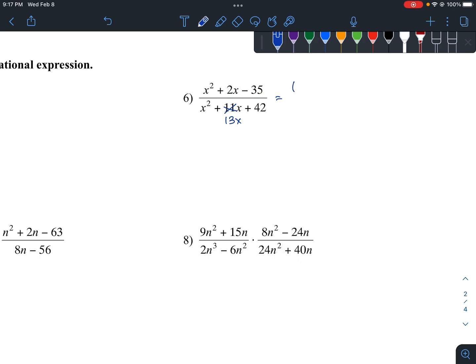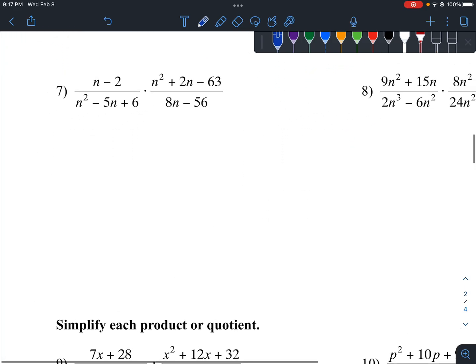So I think that's going to be x plus 7 and x minus 5. And then here I need two numbers that multiply to be 42 and add to be 13. So that should be x plus 7 and x plus 6. Okay, and because these are being multiplied, I can go ahead and cancel those common factors. So I get x minus 5 divided by x plus 6.